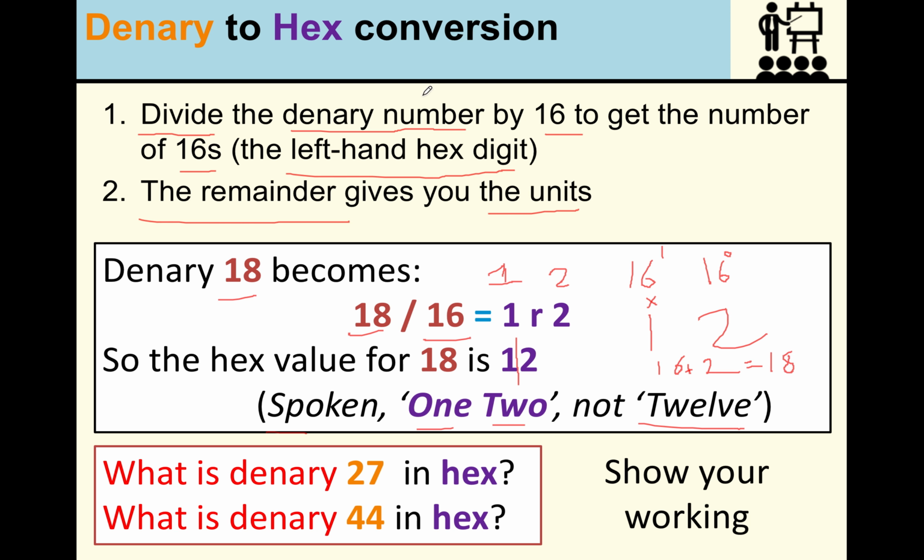So we can do it from hexadecimal to denary, and from denary to hexadecimal. So try the following out. What is denary 27 in hex, and what is denary 44 in hex? If you want to, pause the video.